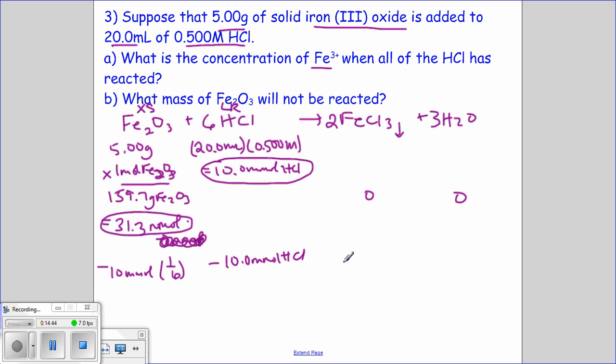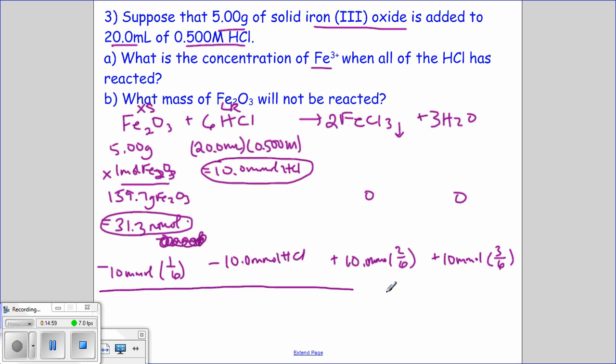And we're adding 10 millimoles with a ratio of 2/6 here, and adding 10 millimoles with a ratio of 3/6 here. So at the end of the reaction, when you take your 31.3 millimoles minusing your 10 millimoles, that's 21.3 millimoles of Fe2O3. We have 0 left of HCl.